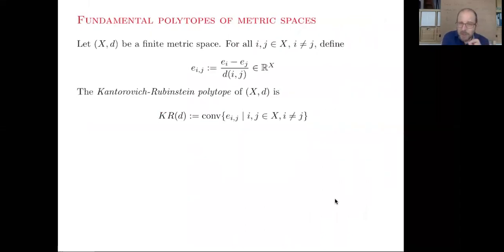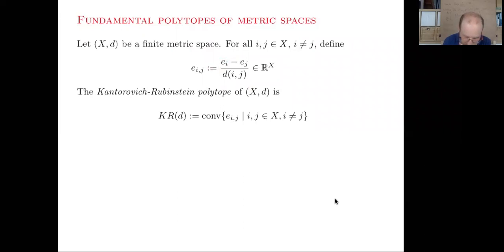So let's stay with our finite metric space. Now, tree, not tree, I don't care. It's just an abstract finite metric space. And in the Euclidean space that has one coordinate for every element of my metric space, I look at these kinds of vectors, right? That's the e_i, e_j are the standard basis vectors.